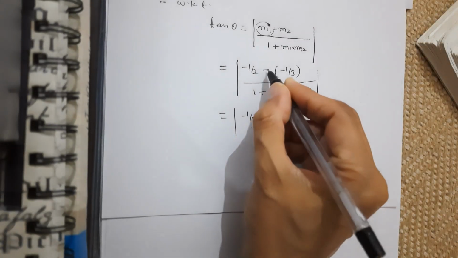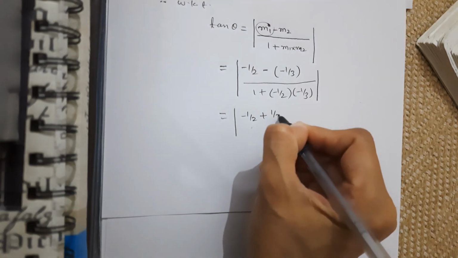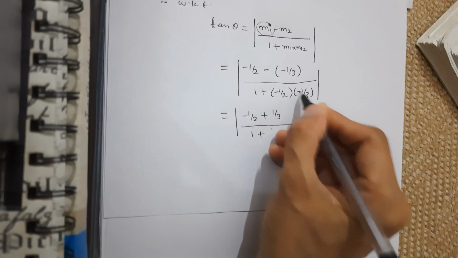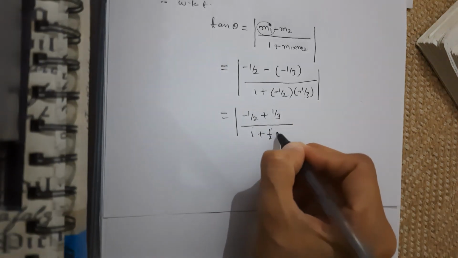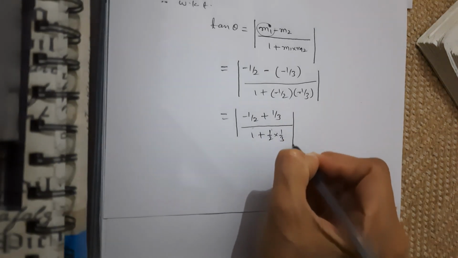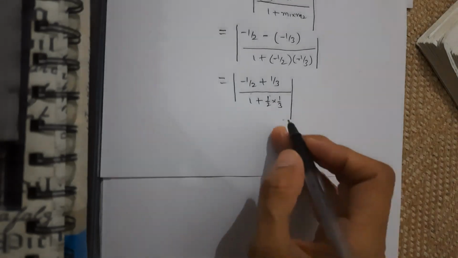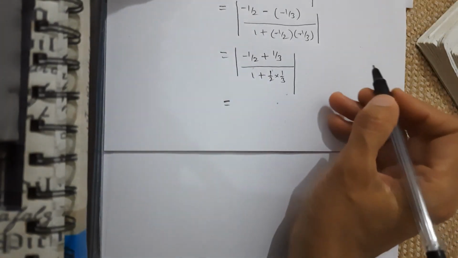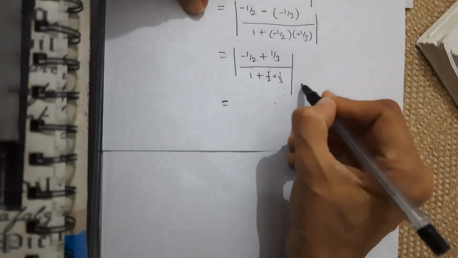Minus 1 by 2 minus 1 by 3 in the numerator, and in the denominator 1, and minus into minus becomes plus 1 by 2 into 1 by 3. Now simplify the things here. I just need to add these two fractions.